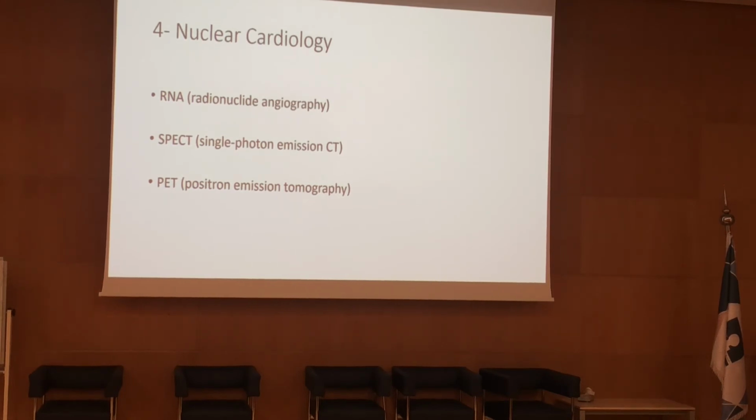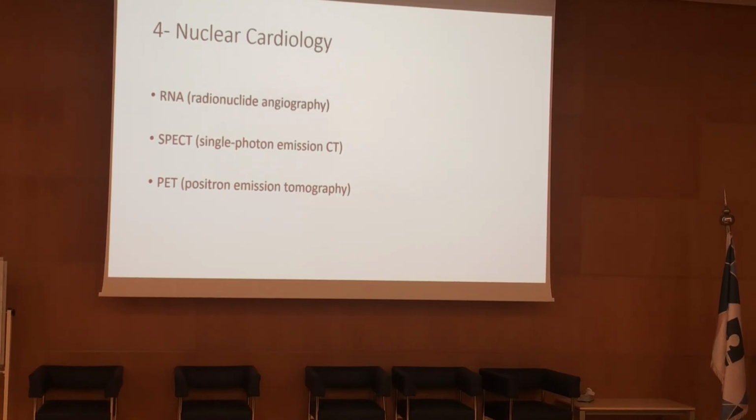So in RNA, SPECT or PET, we're using different tracers for each one, because it depends on what you want. Any idea about a nuclear scan in cardiology? You know what we give and what the tracers are?